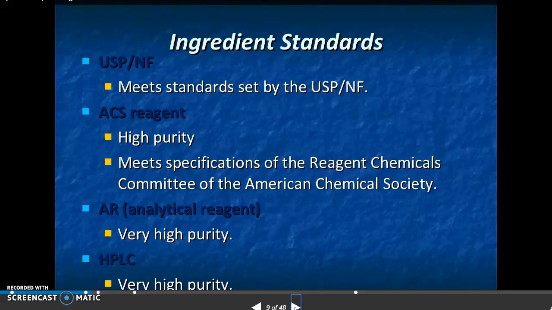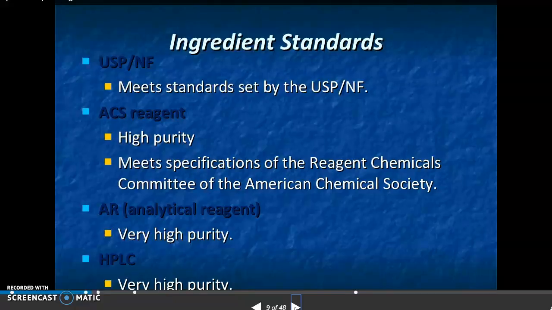All right, so when we talk about the ingredient standards, that is defined within that particular book that we have talked about. They use what they call the ACS, which stands for American Chemical Society. So if you're going to use particular chemicals, they must be of the highest standard.